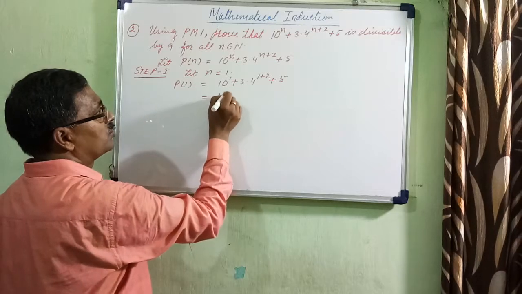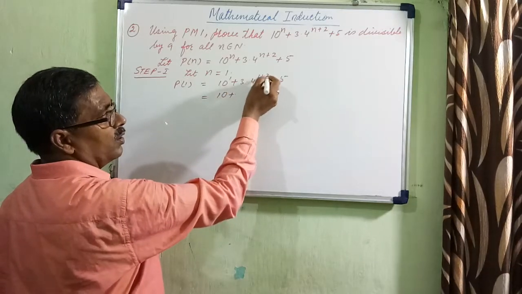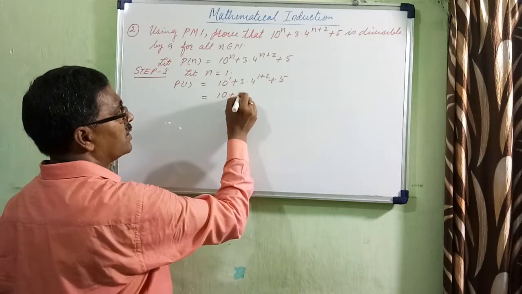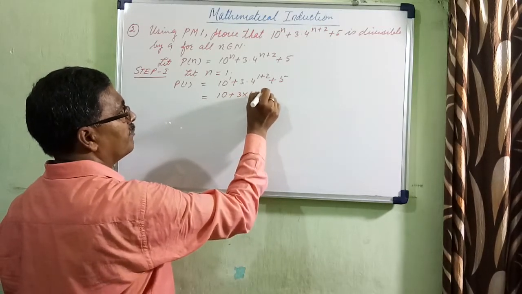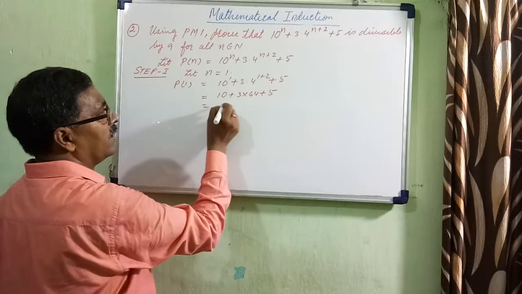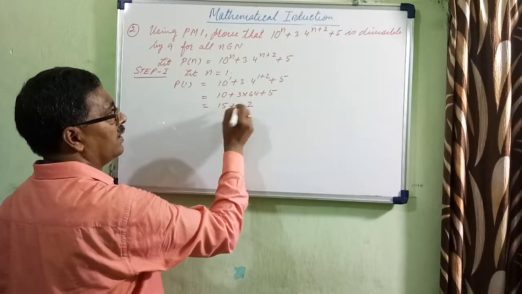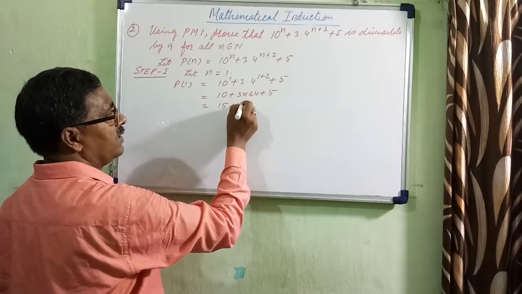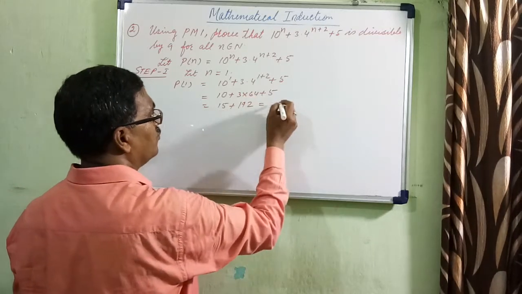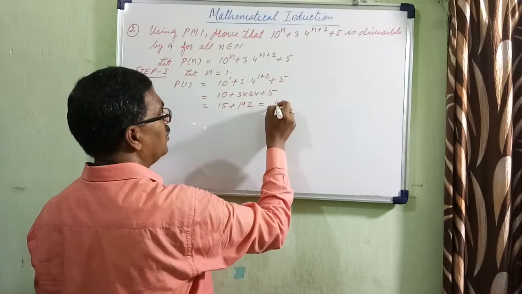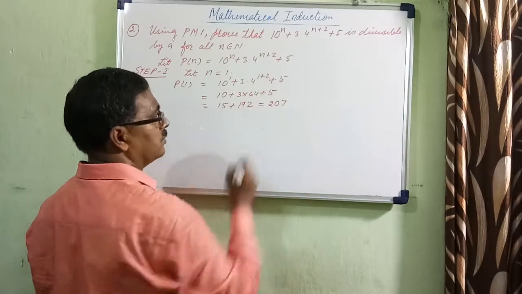And this will be equal to 10 plus, now 4 cube is equal to 64, so 3 into 64 plus 5. Now 10 plus 5 is 15, plus 3 fours are 12, 3 sixes are 18, 1 is 19, and that is equal to 207.